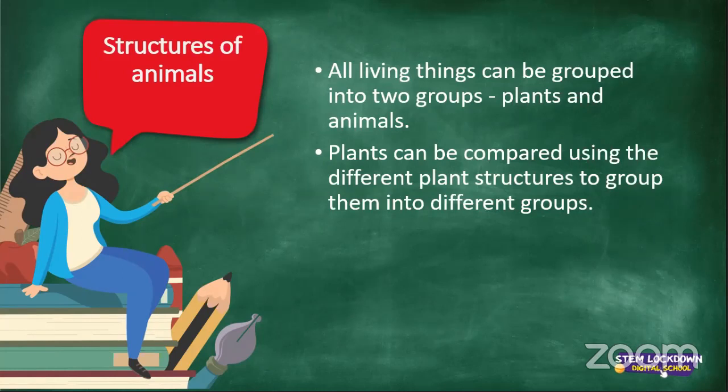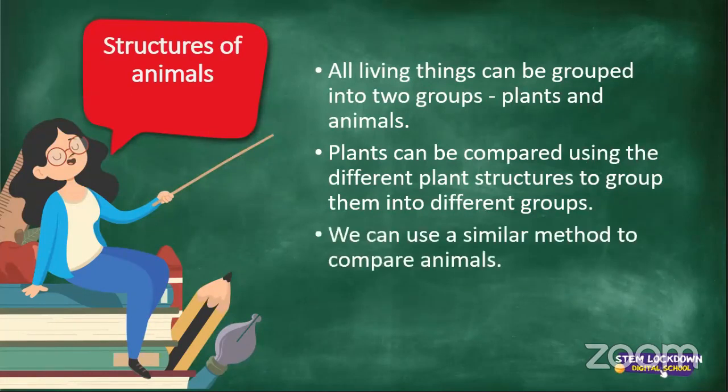So you can look at the stems, or the roots, or the leaves and how they are the same or how they change. And then you can divide them into different groups. Now we can use a similar method to compare animals. I'm going to move to the next slide now.